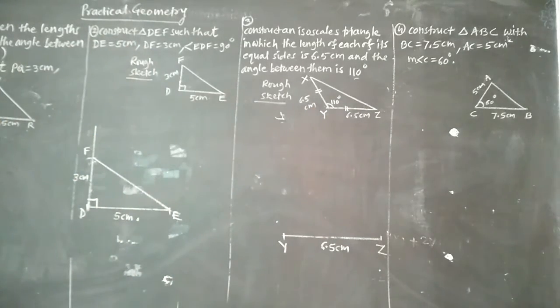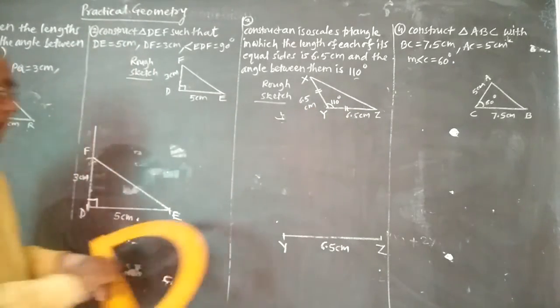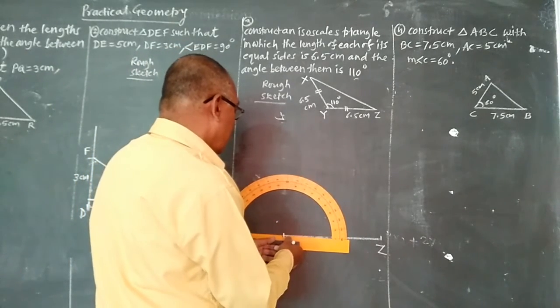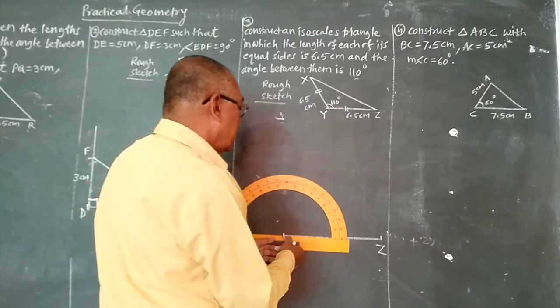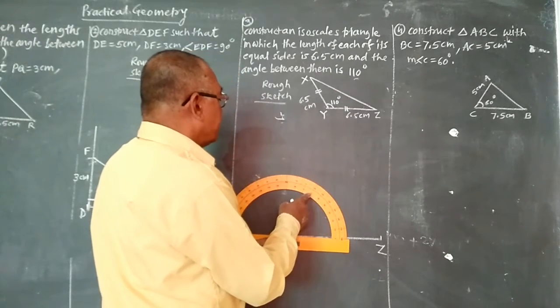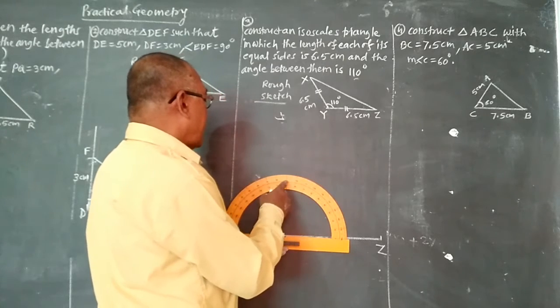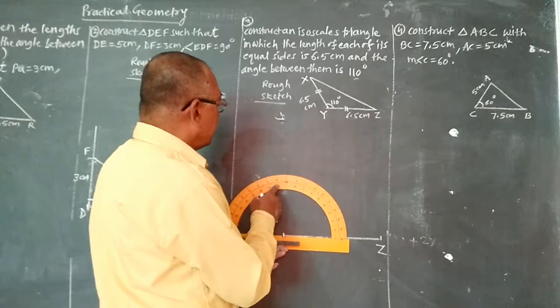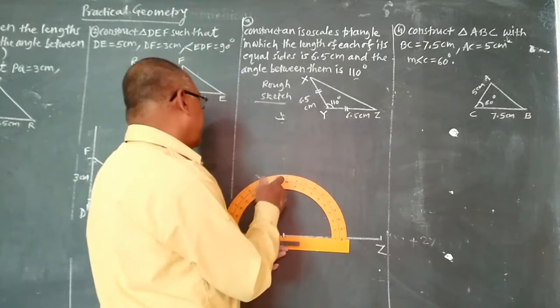So I will put the protractor on Y, and now taking 0, 10, 20, 30, 40, 50, 60, 70, 80, 90, 10 means 100, this is 110 degree.